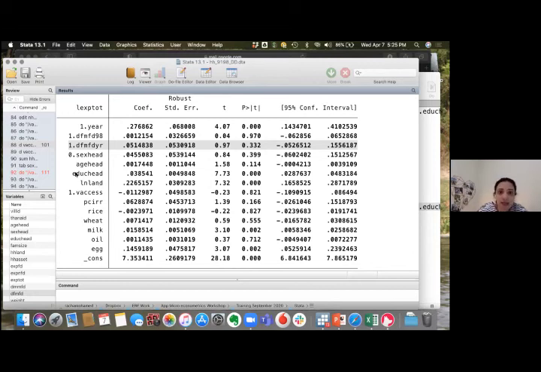You can see that education and the area of land are two significant determinants of total expenditure per capita in Pakistan. Also, there is milk and egg, I think. Yes, exactly, the price of milk and the price of egg also affect total expenditure per capita.